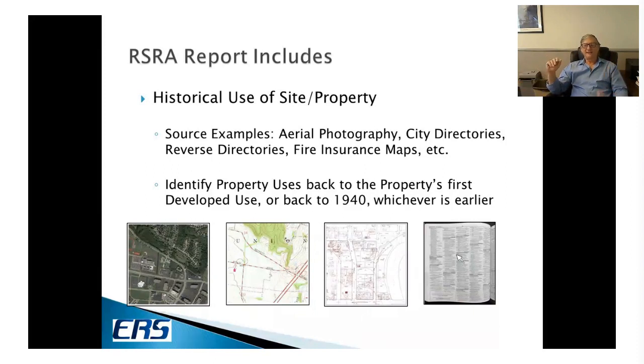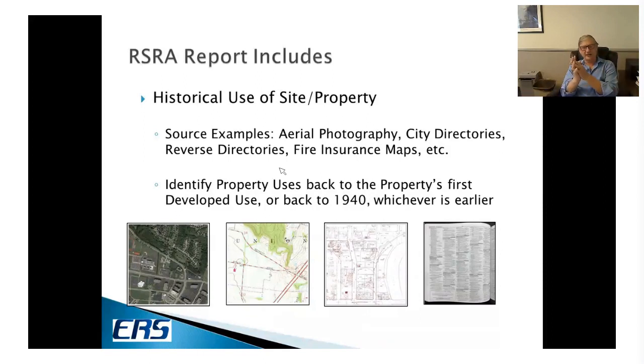And we're trying to identify the potential for contamination on the subject property, whether it's a low or high risk. That's it. And so city directories are really important. And within the city directories, they have reverse directories.